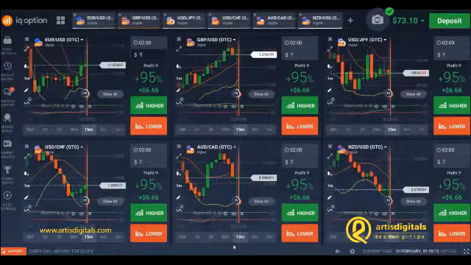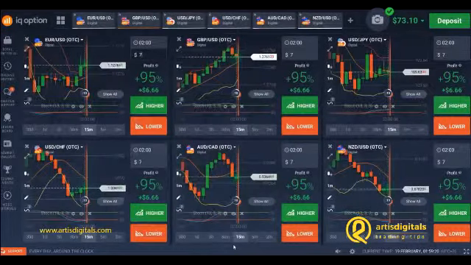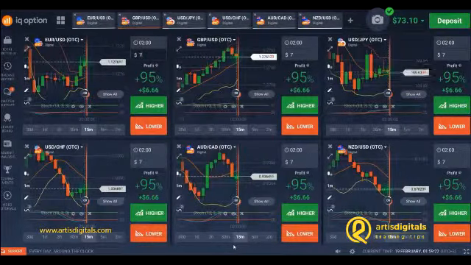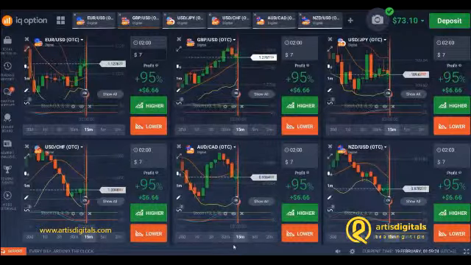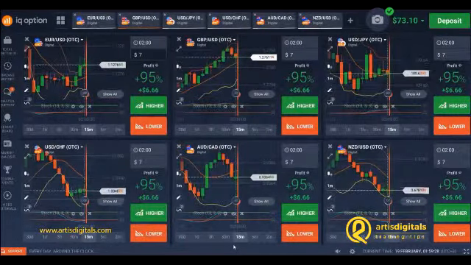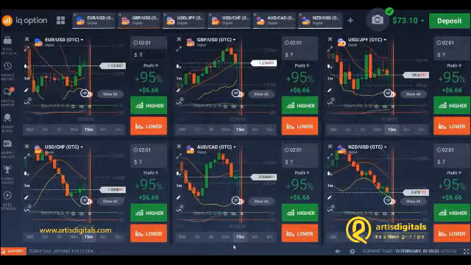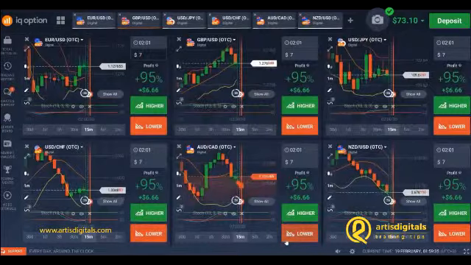I waited for the next candle. It's still at the same place. I missed that trade. So patience is very important when trading.